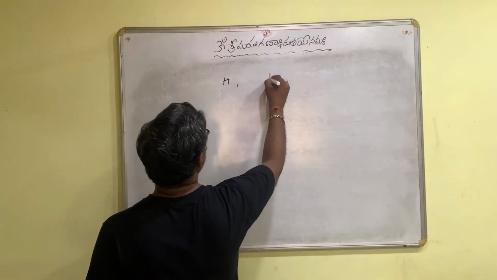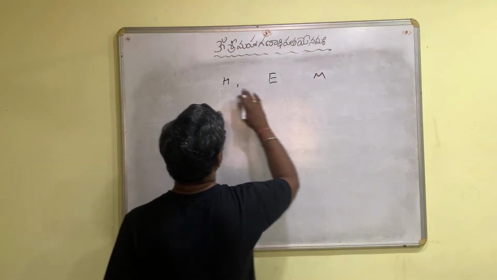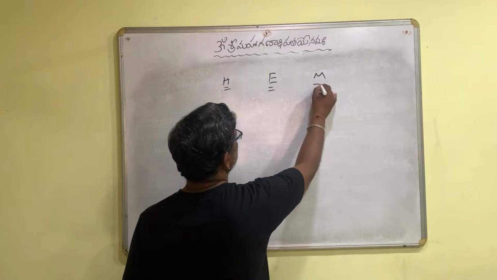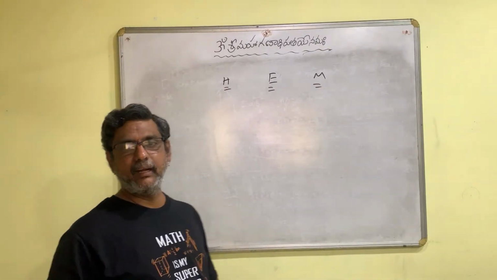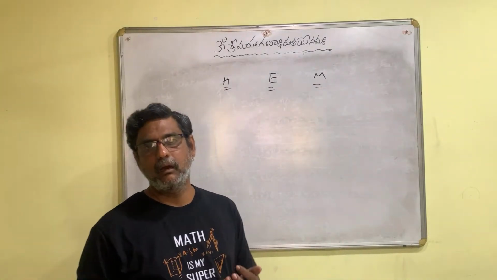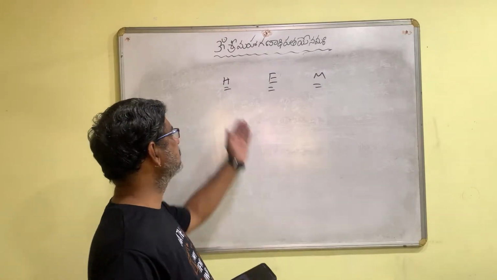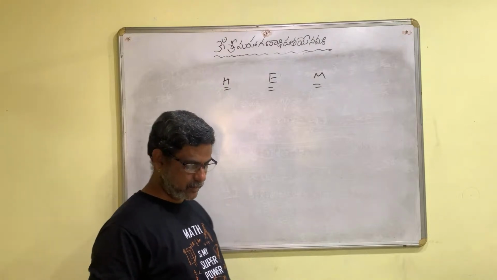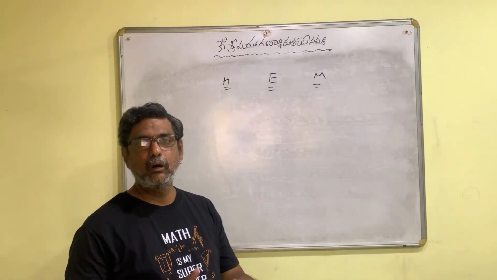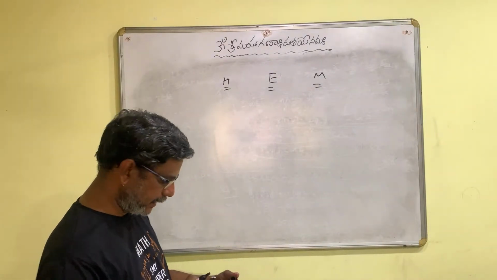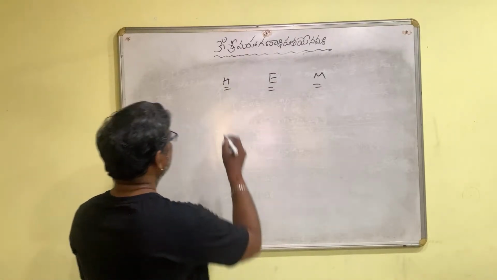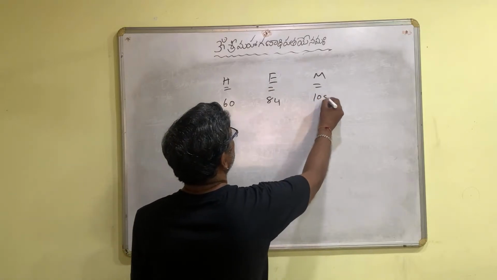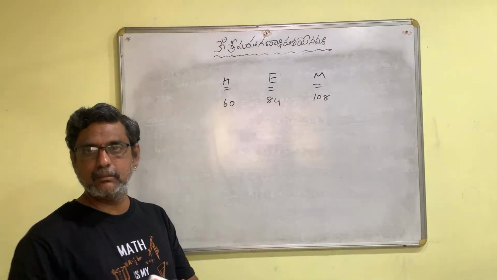Hindi, English, Maths. How many Hindi participants are there? 60. 84 English, 108 mathematics.